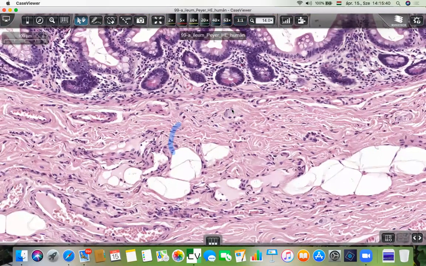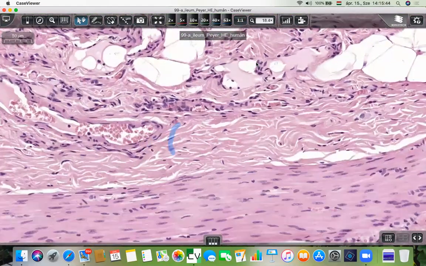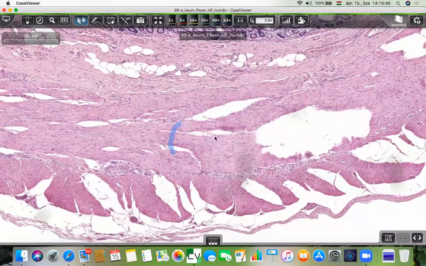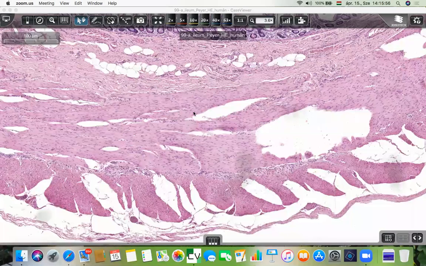Then the next layer. So this is the muscularis externa. This is the muscularis externa, having two layers.